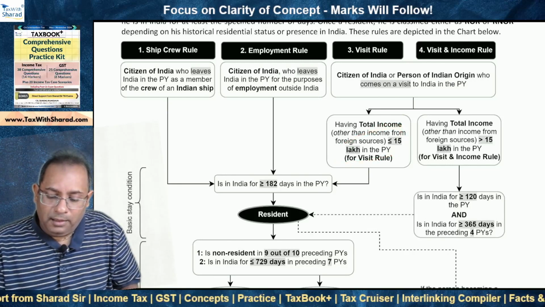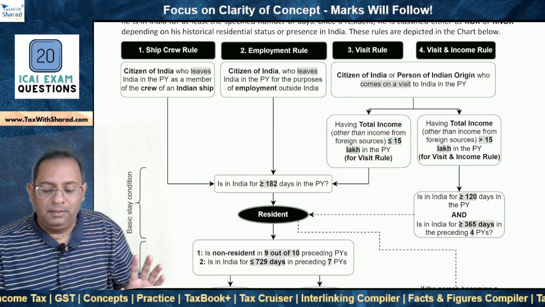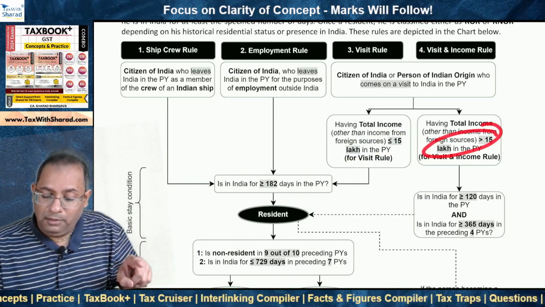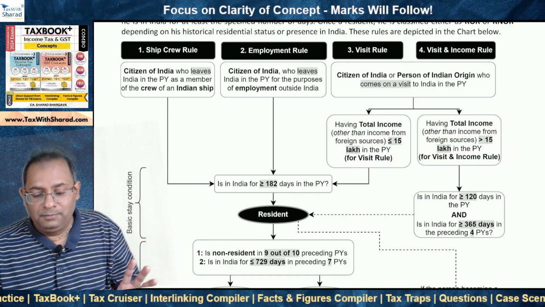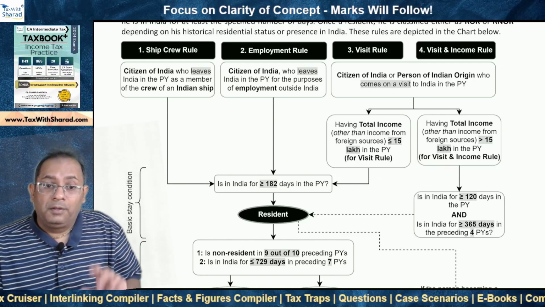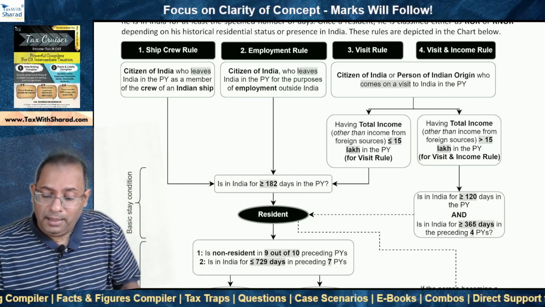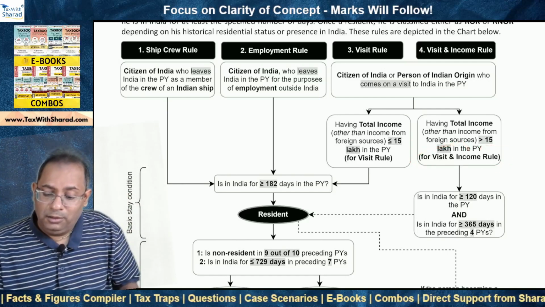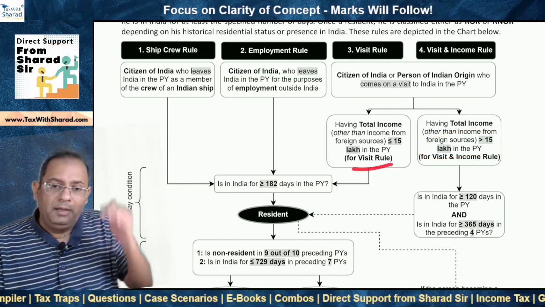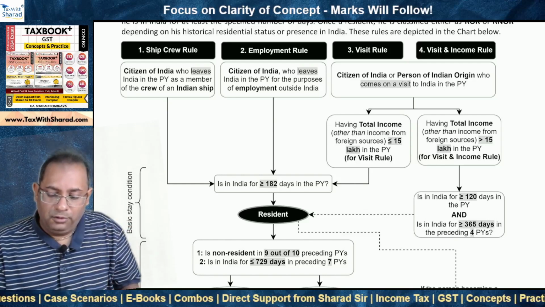If this total income other than income from foreign sources is up to 15 lakh in the previous year, then visit rule applies. And if it is more than 15 lakh in the previous year, then visit and income rule applies. So within visit rule and visit and income rule, which rule indicates a greater economic nexus with India? Visit and income rule, because the total income from Indian sources is more than 15 lakh.